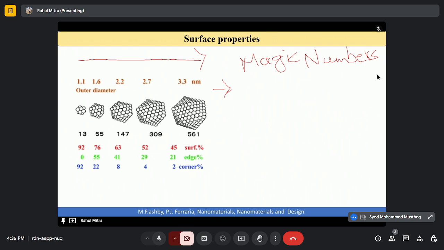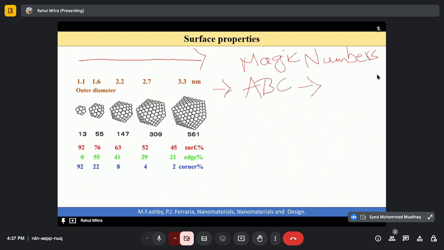So you can see from the first one here, at first we have 13 atoms. Now again, how does this 13 come about? The stacking sequence of FCC is ABC type. So how does the ABC type look?